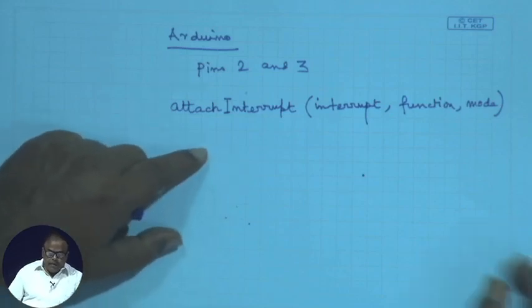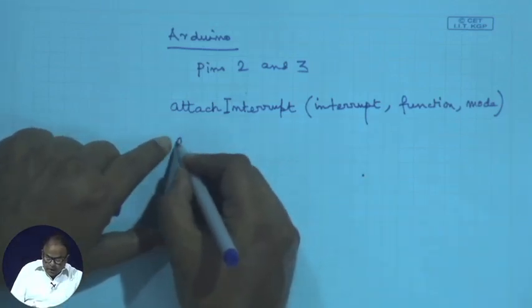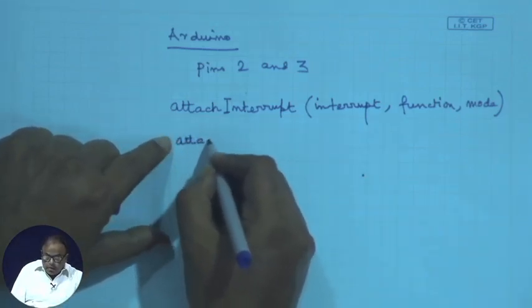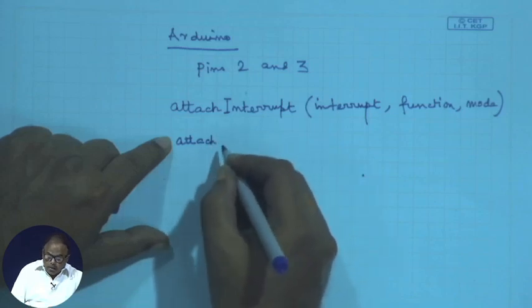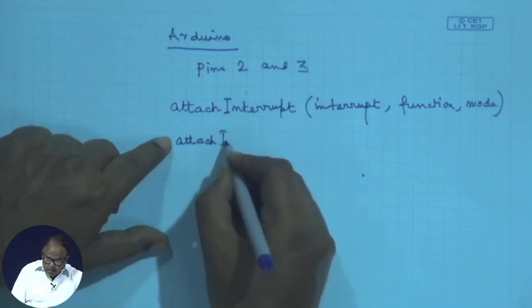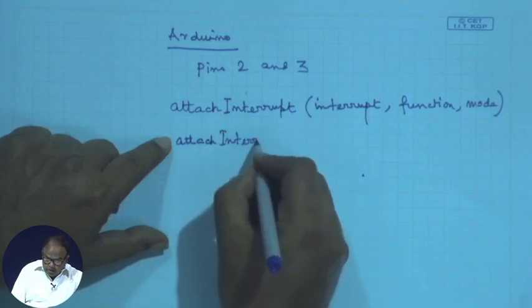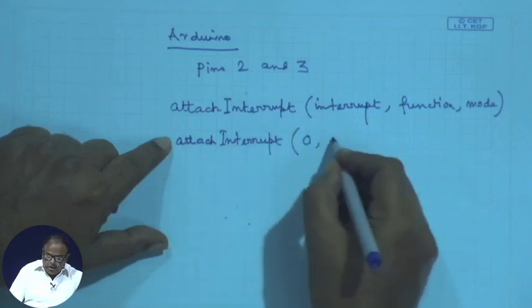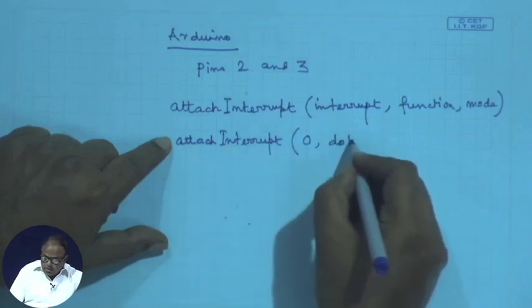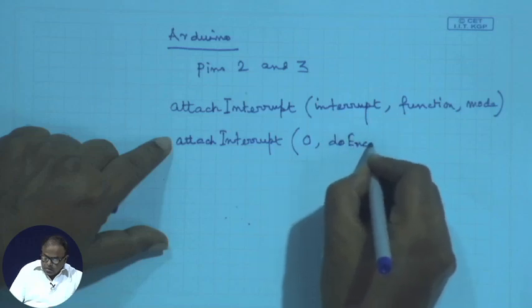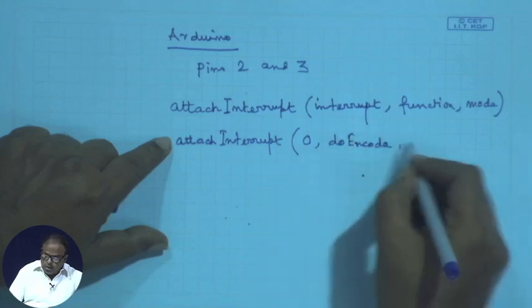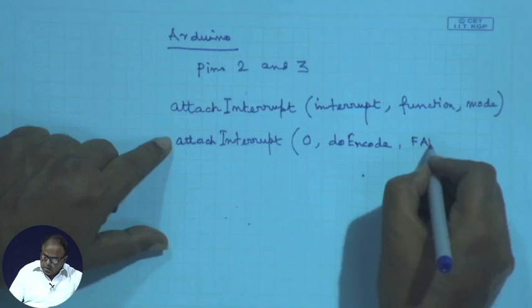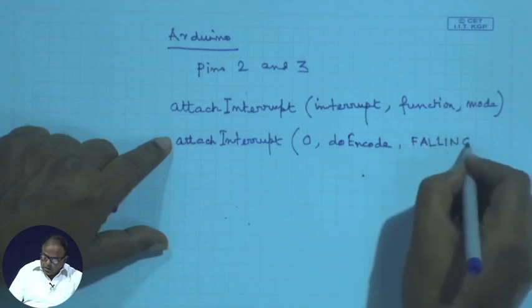What does it mean? For example, if I write zero, say encode, falling.